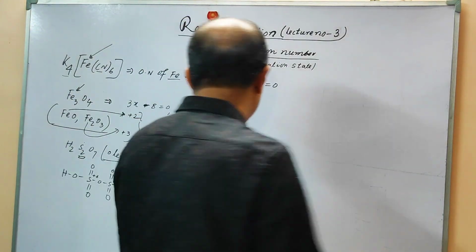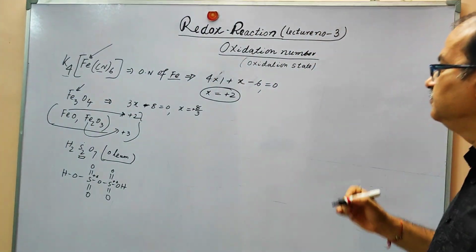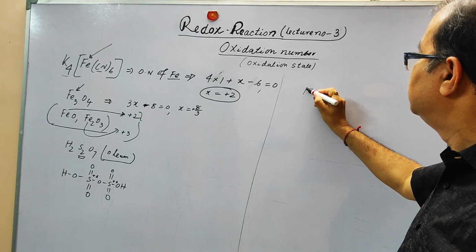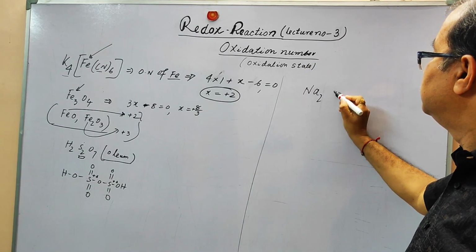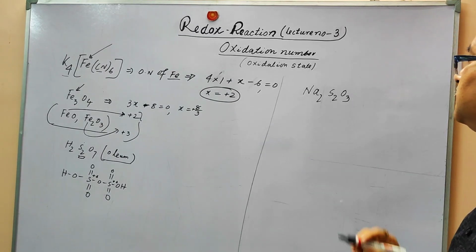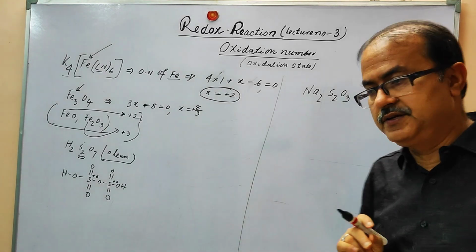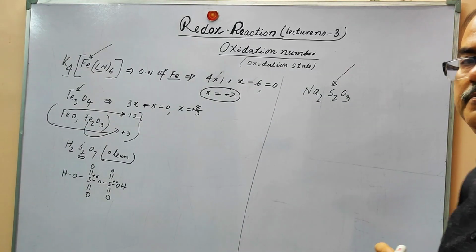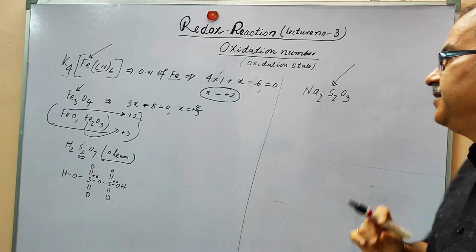But for this, this is sodium thiosulfate. What about the oxidation number of this sulfur? Is it the same or different?